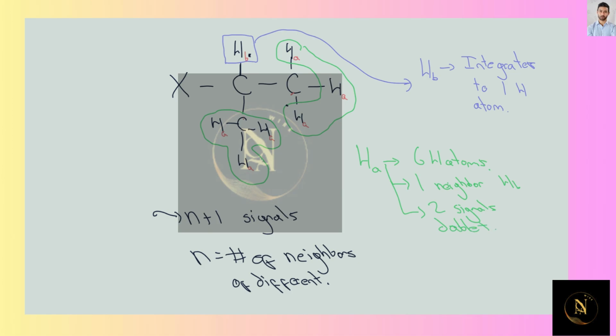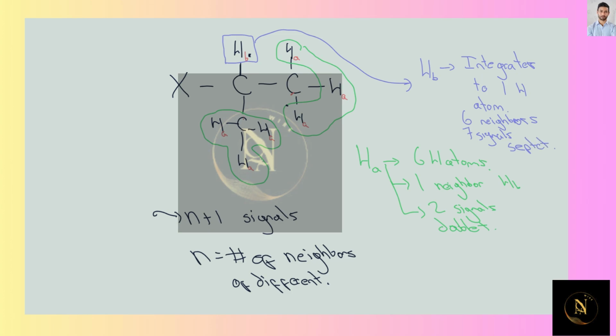In the case of hydrogen B, it integrates to one hydrogen atom, but it has 6 neighbors. So that means that we're going to have n plus 1 signals, which is 7 signals, which is a septet.